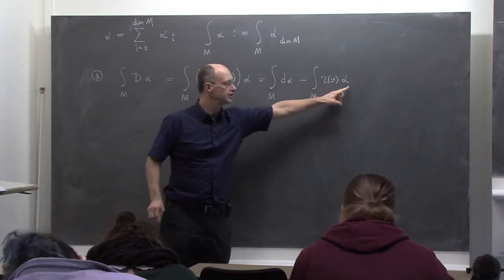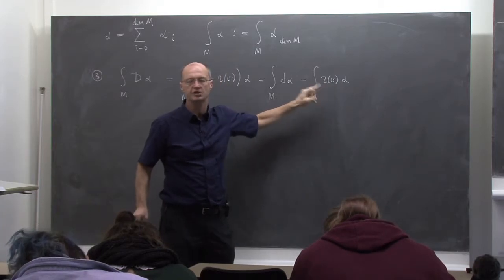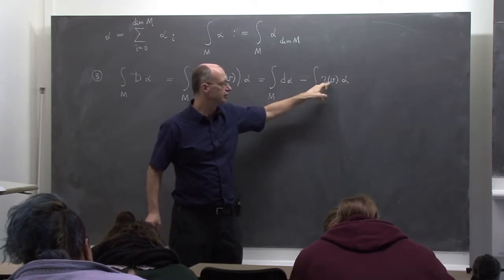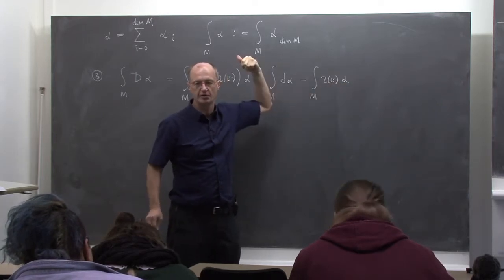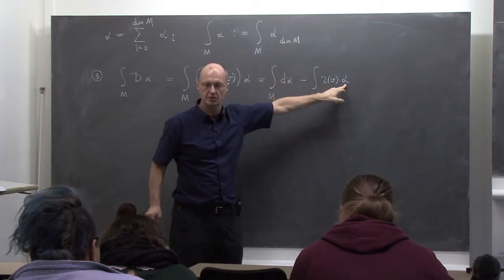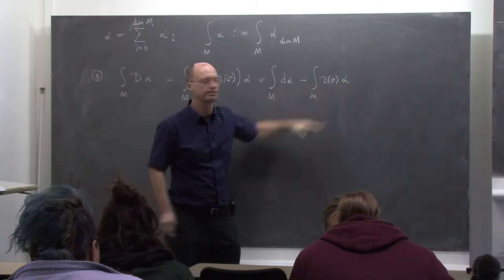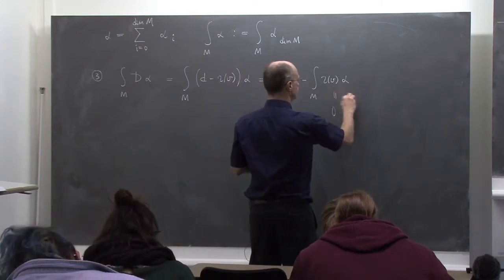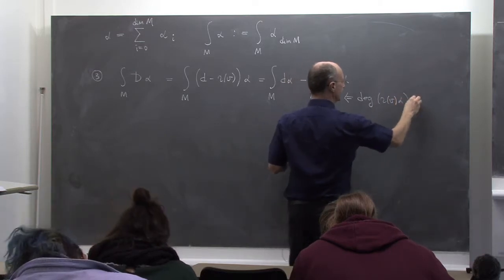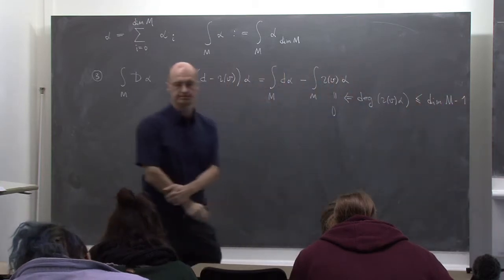So now notice that here, according to our definition, this term will not contribute in the integral, because whatever was the degree of alpha, the degree of iota_v alpha cannot be dimension of M. Because the top degree forms have dimension M, and iota_v, even over a top degree form, gives dimension M minus 1. So this is 0 because the degree of iota_v alpha is smaller or equal than dimension M minus 1.